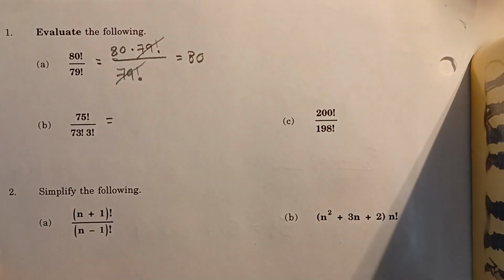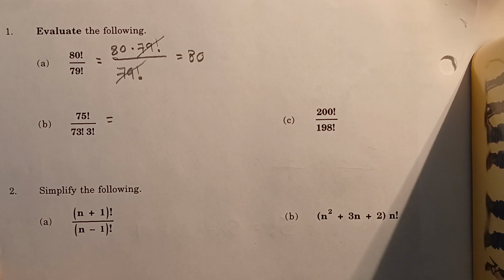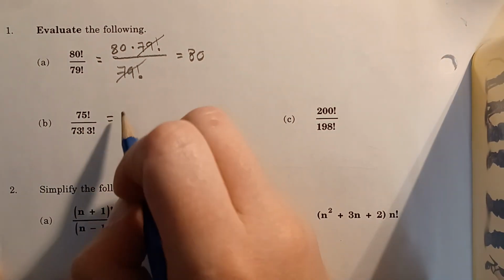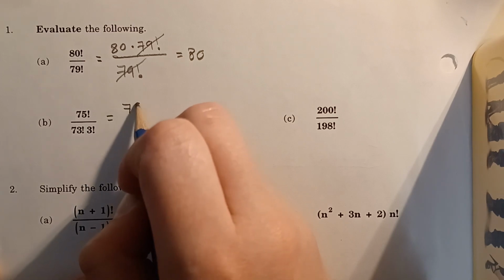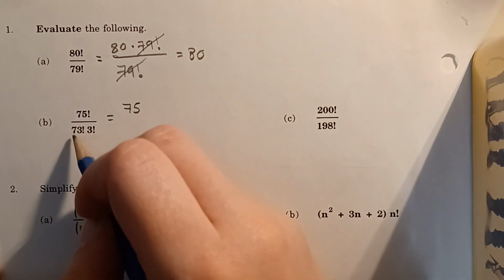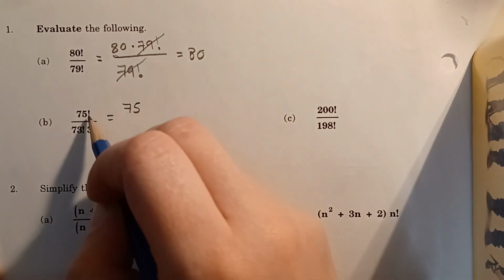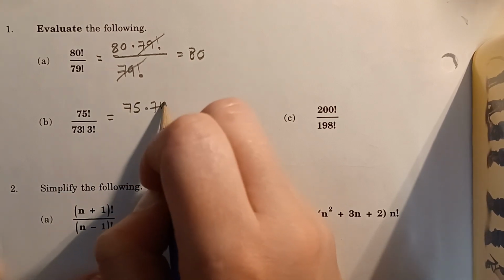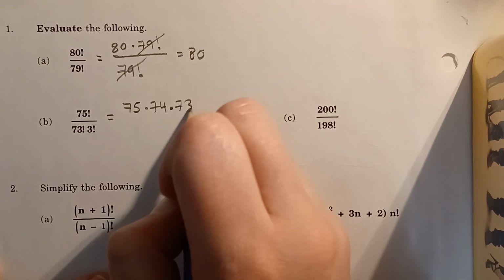Similarly here, 75 factorial divided by 73 factorial times 3 factorial. Let's express that 75 factorial in a way that includes 73 factorial. So 75 factorial is the same as 75 times 74 times 73 factorial.